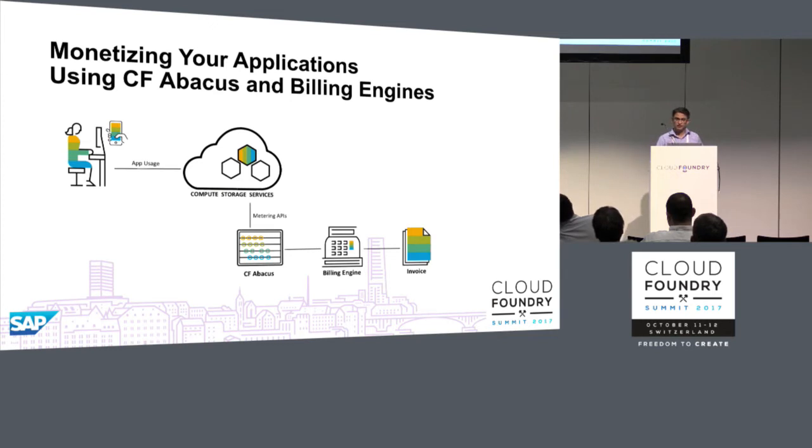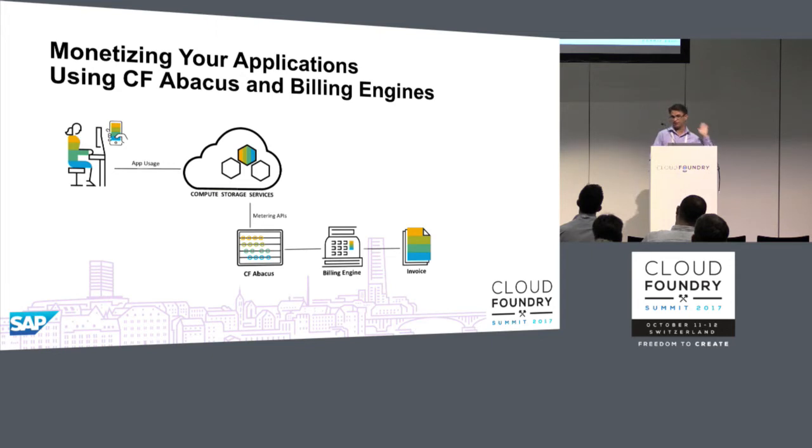So here's the flow. We will look at CF Abacus a little bit, and then we will go into the Revenue Cloud as part of my demo. Typically, a developer or somebody is using some resources, maybe application runtime, or making API calls to object storage in a cloud platform. That usage happens, metering is captured in CF Abacus, and it is then sent to the billing engine for billing, and then the invoice comes out.